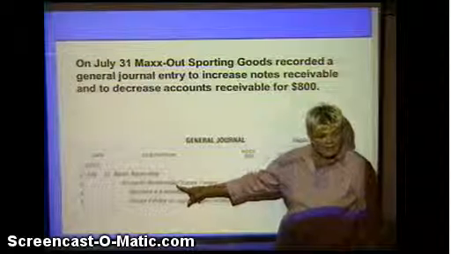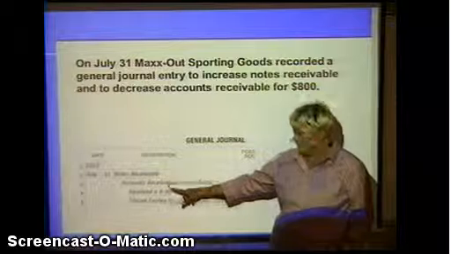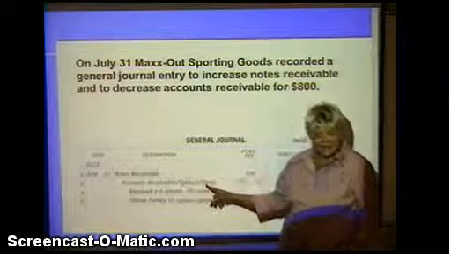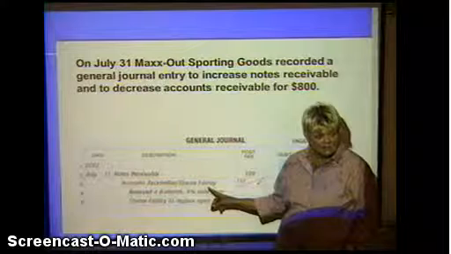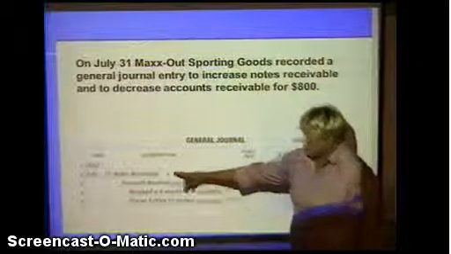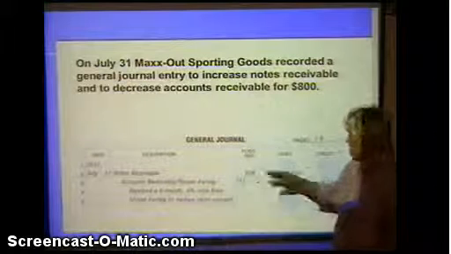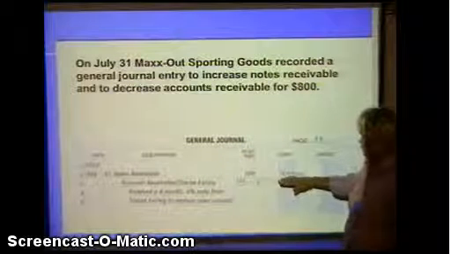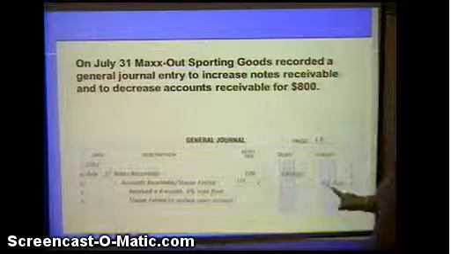So we're going to credit her account and her subsidiary ledger account, get it out of everything that has to do with accounts receivable. We're putting it in notes receivable. So what we do is we post the $800 to notes receivable, and we take it out of her account and out of our control account, because it's in the accounts receivable.